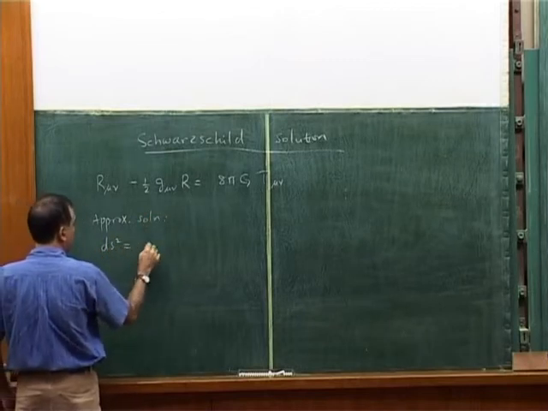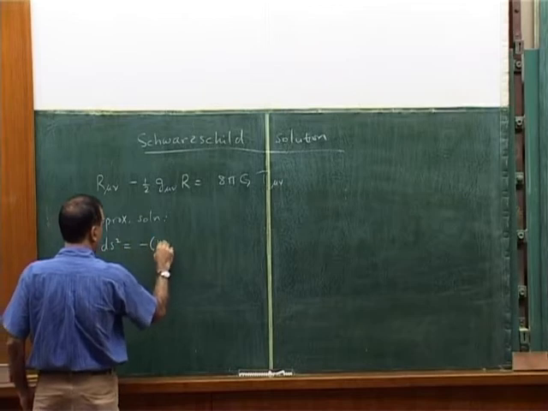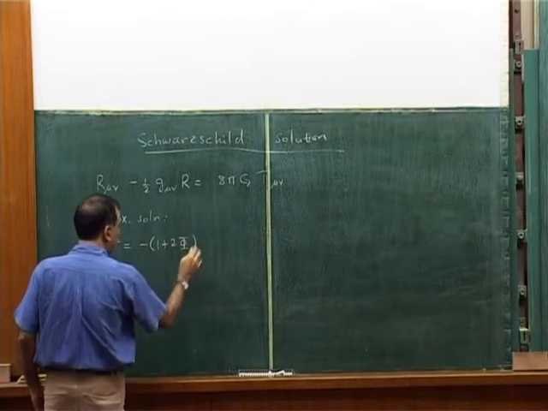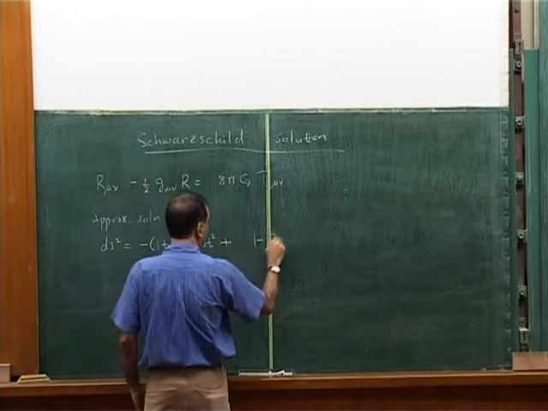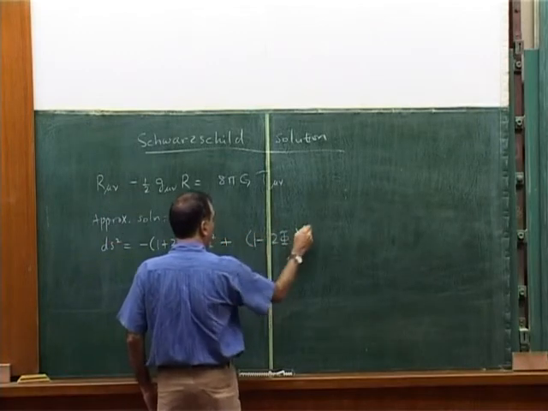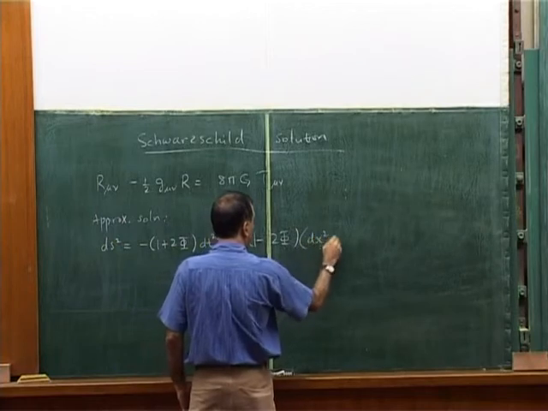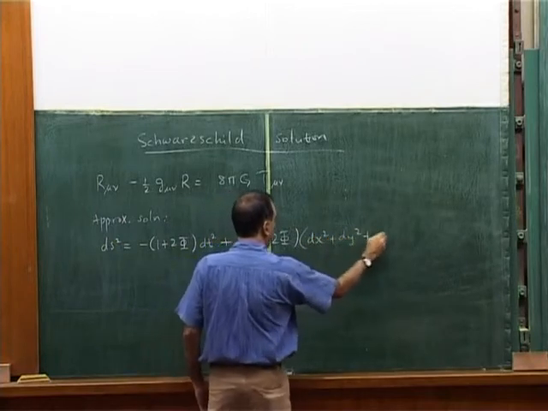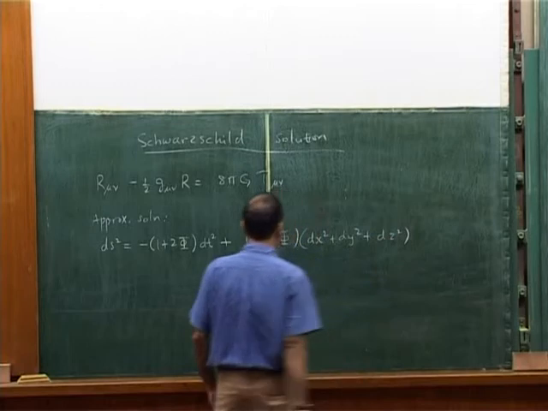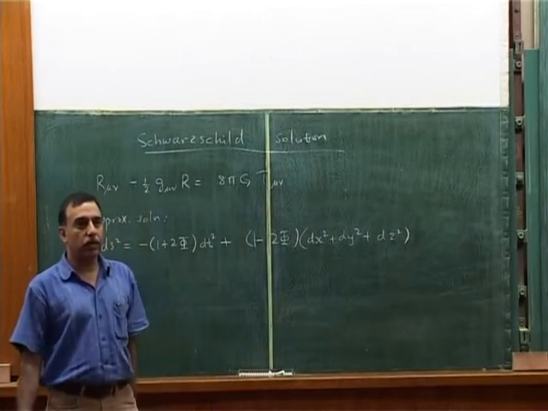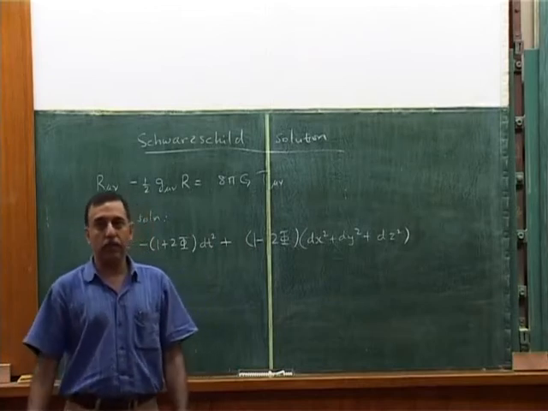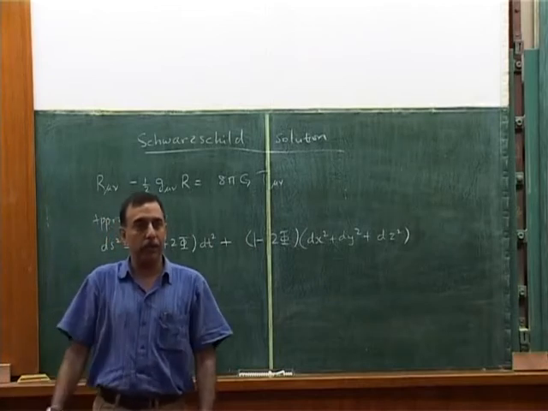Take the metric ds² equals minus (1 plus 2φ) dt² plus (1 minus 2φ)(dx² plus dy² plus dz²), where φ is any valid Newtonian potential that solves the Newtonian equation ∇²φ equals 4πρ, or whatever it is.